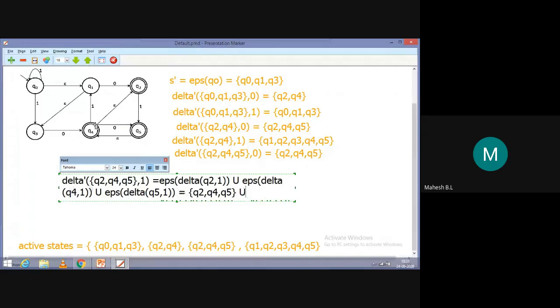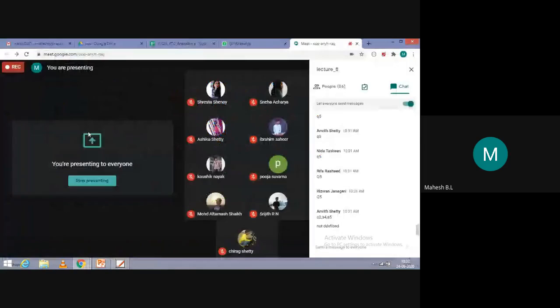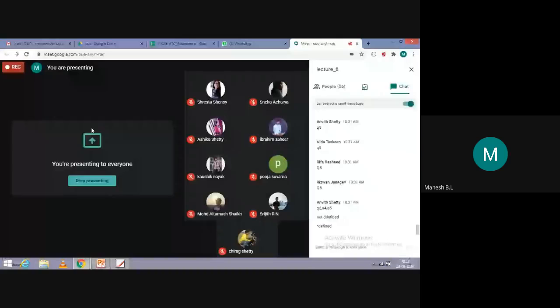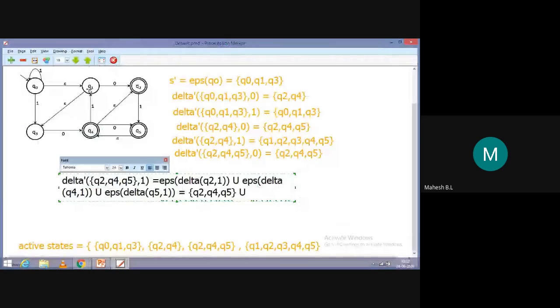What is delta of Q4, 1? One second, we are still in the middle. We have not completed this step. We need to compute delta of Q4, 1. Q4, 1 is Q1.